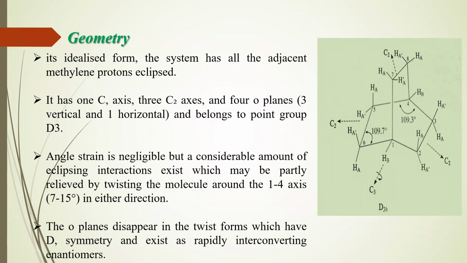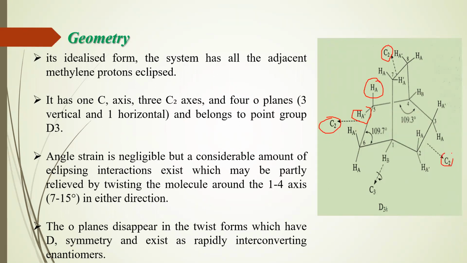Therefore, this is a methyl group. These protons are in eclipsed position. Then the C3 axis, and in these cases 3 C2 axes. This is the C3 axis present in that molecule.